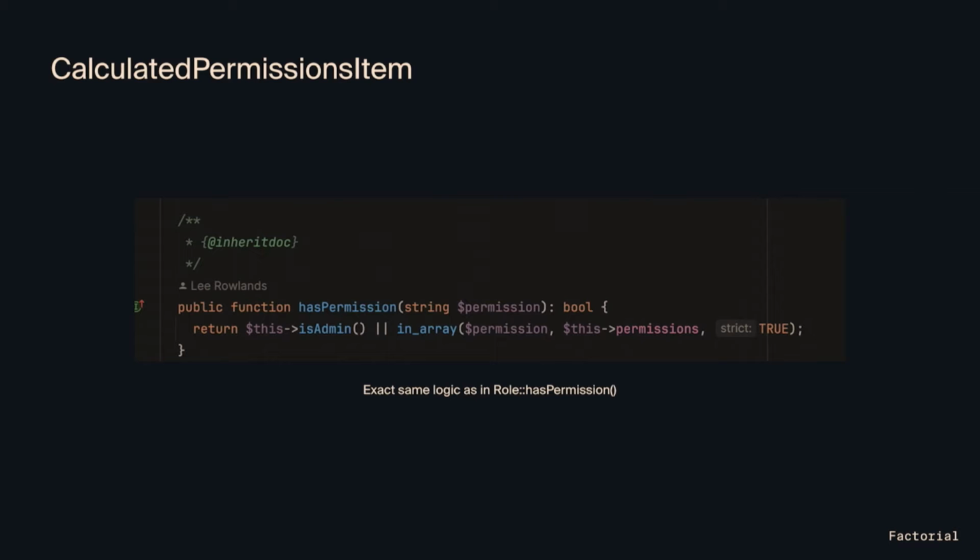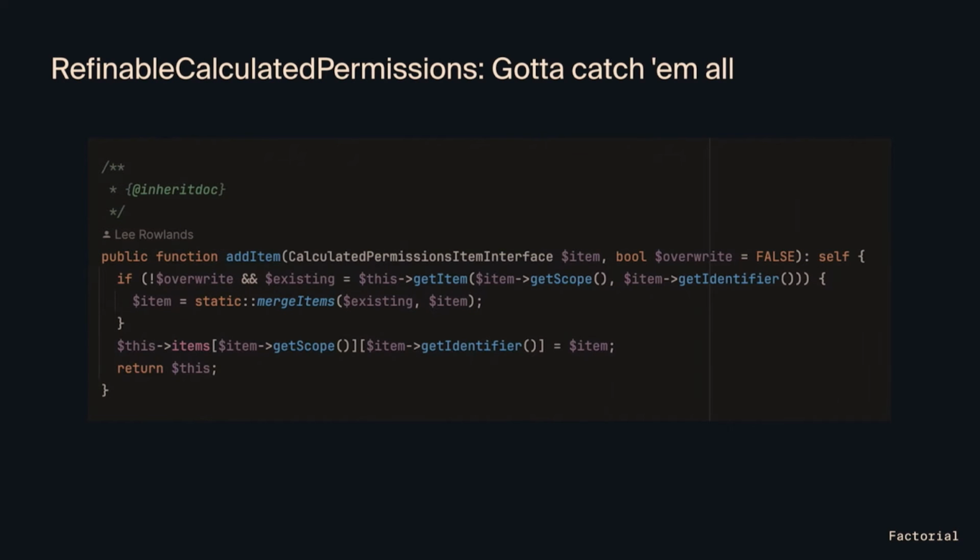And then we need to grab all of these green columns that we just saw and get them into this collection. So how do we do that? Well, we have a refinable calculated permissions object. And a refinable calculated permissions object is basically just a collection of all of these. And the most important method is the one on screen, which is add item. Now, add item grabs this calculated permissions item, and then it keeps merging it in.